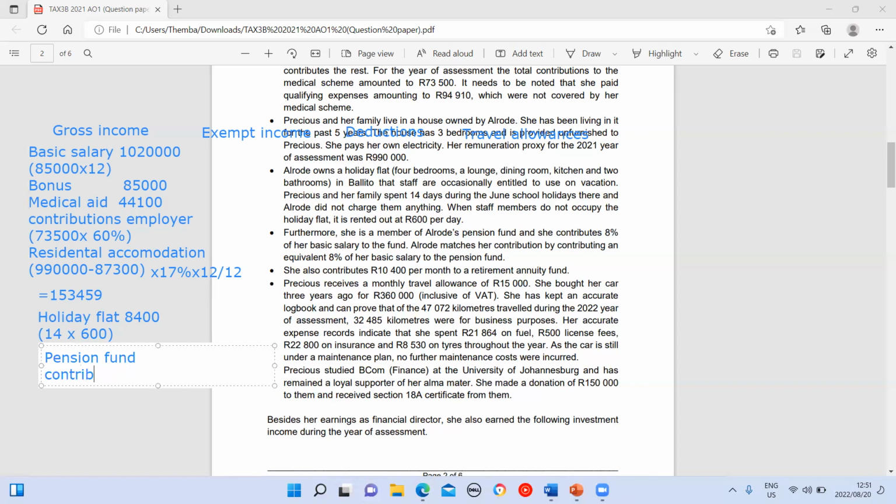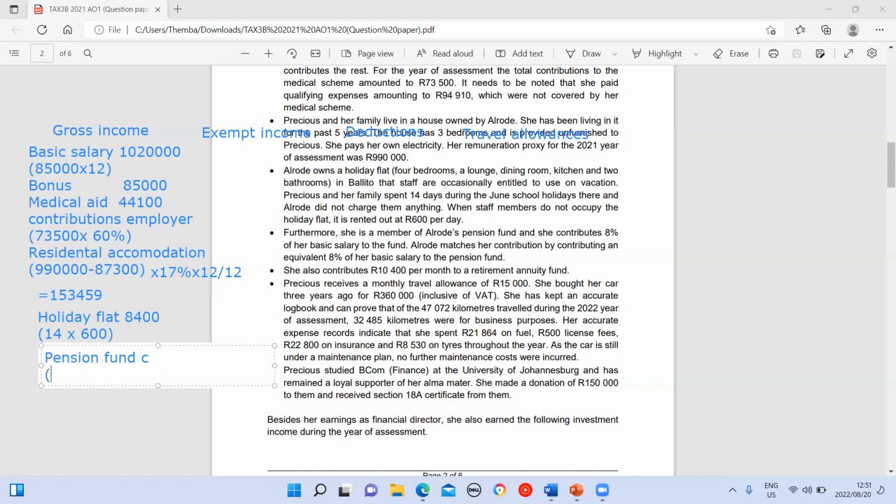Arnold matches her contribution by contributing an equivalent 8% of her basic salary to the pension fund.